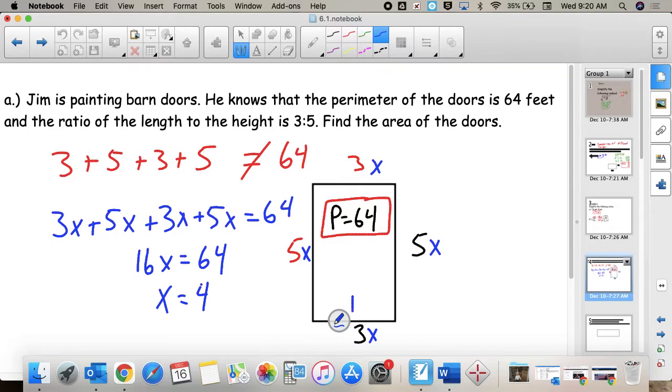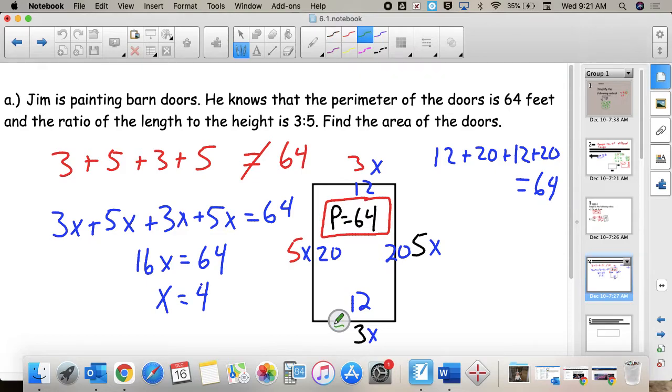So on the bottom, we get 12. And on the right, we get 20. On the top, we have 12. On the left, we have 20. 12 plus 20 plus 12 plus 20. Now that does equal 64.